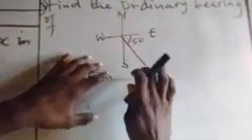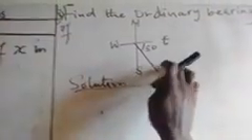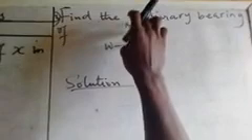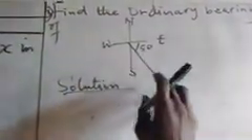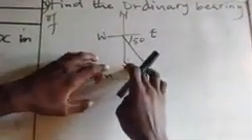So here we are calculating from the south, not from the north, as in the case of true bearing. In the case of true bearing, you continue calculating from the north back to the north, okay? But in the case of ordinary bearing, if it is in the north region, you calculate from the north. If it is in the south region, you calculate from the south. So we are calculating for this now.